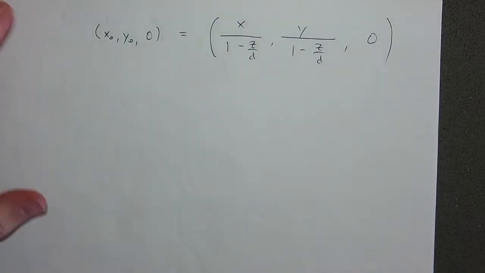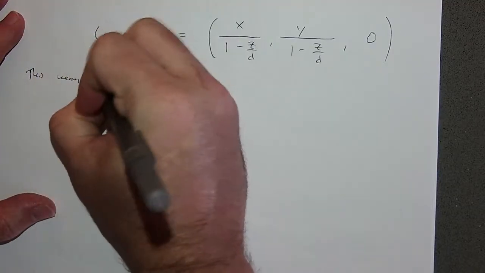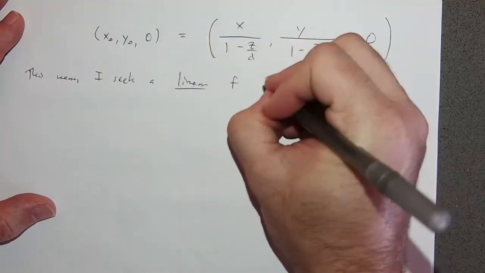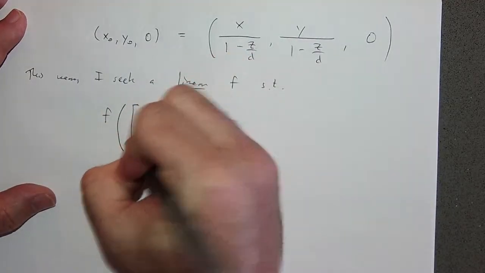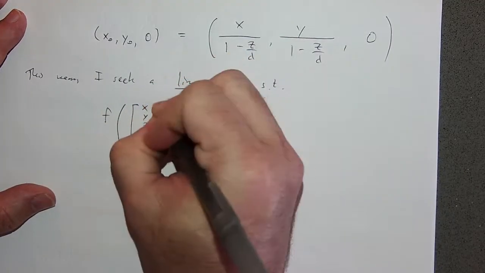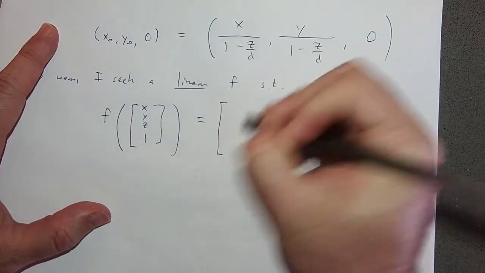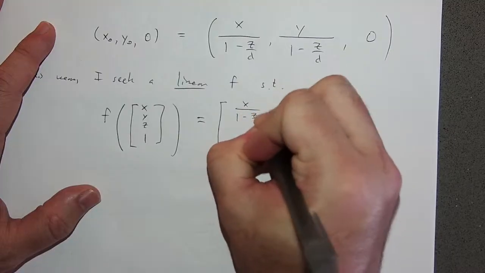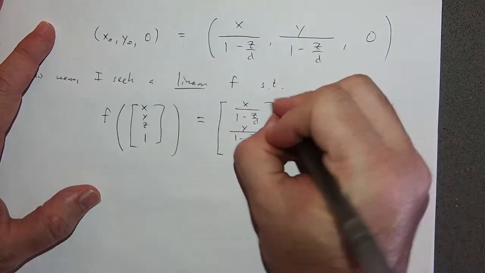So this means I seek a linear transformation f such that f takes the generic point xyz in 3D, which I am encoding in this way, as in the previous examples, and it should send it to the point x over 1 minus z over d, y over 1 minus z over d, 0, 1.